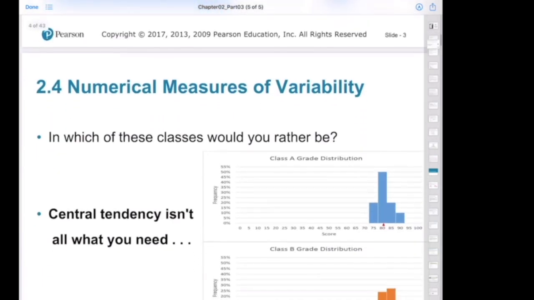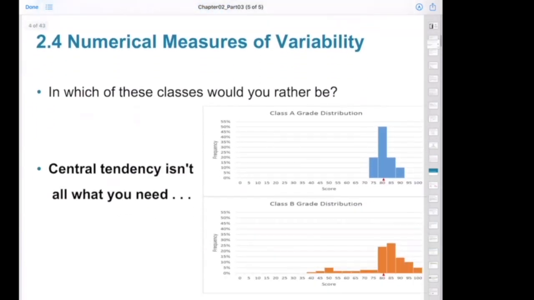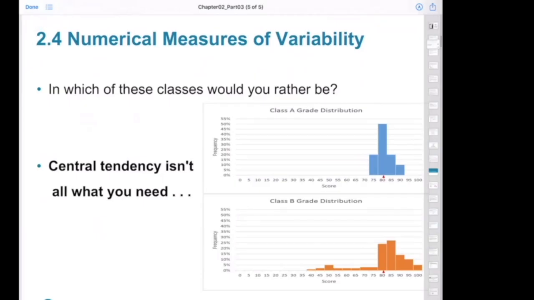Look at this example. You will like this example actually. Here you have two distributions, right? Actually, these distributions represent the grades. We have two classes, class A and class B, and the distribution here is about the grades for each class.